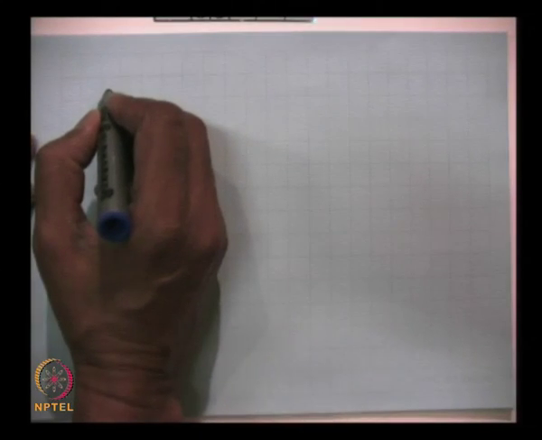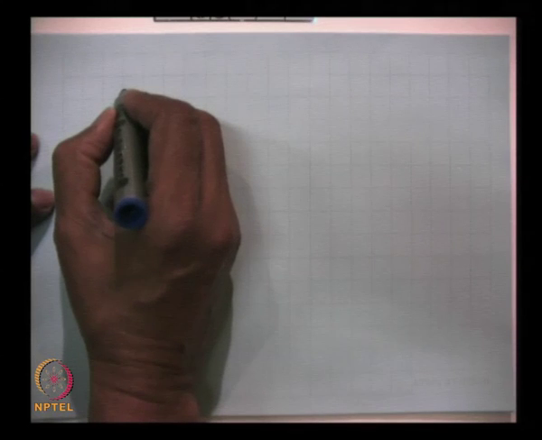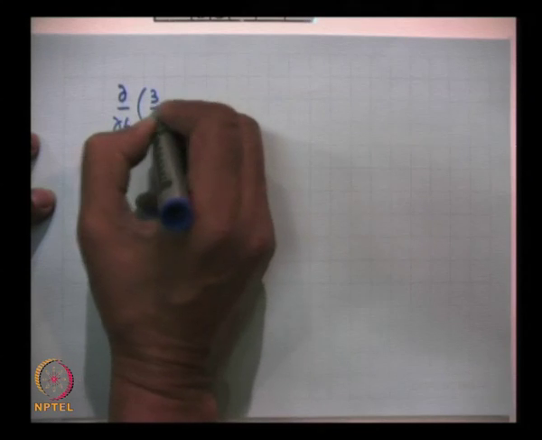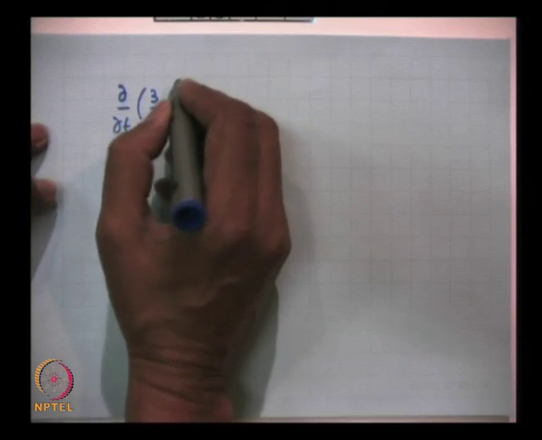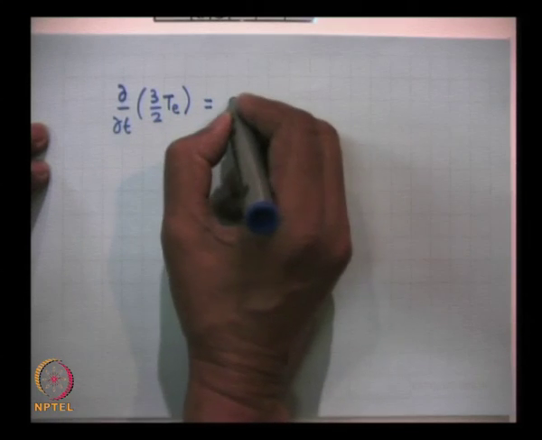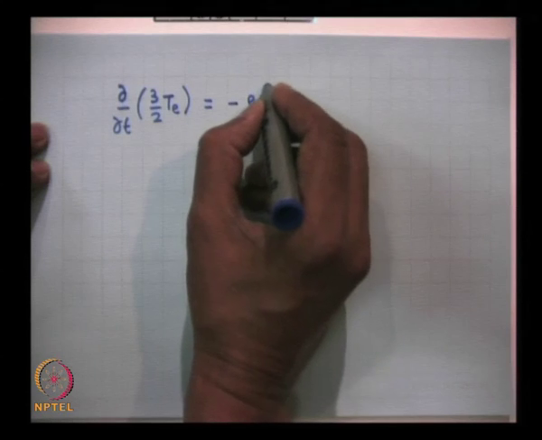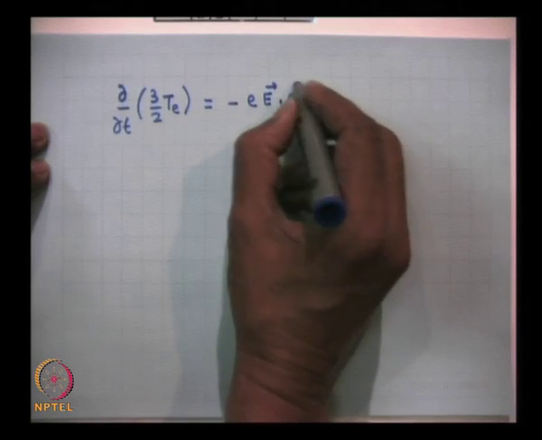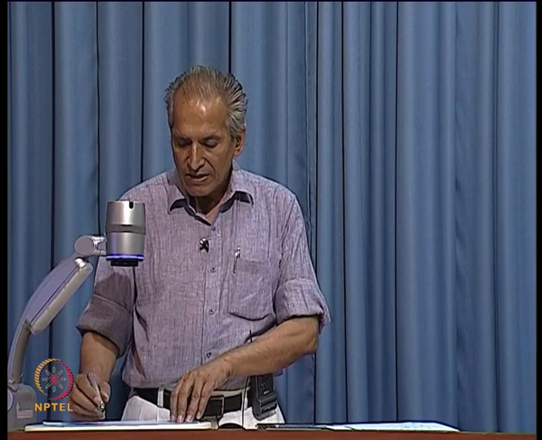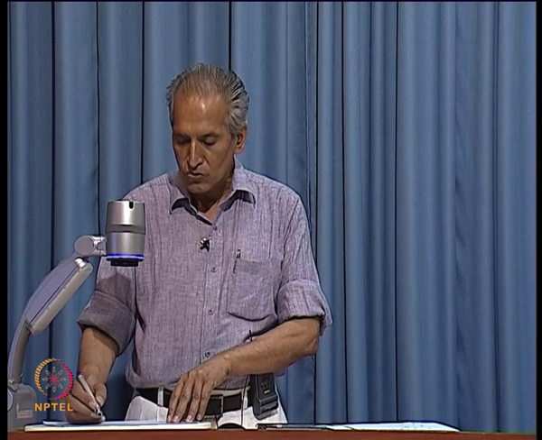So, let me write down the equation governing electron temperature. The electron temperature equation would be d/dt of the average kinetic energy of the electron, which is 3 by 2 kT, but k, the Boltzmann constant, I hide in the temperature. So, write this quantity, and it is equal to the work done by the electric field per second, which is this quantity. As a result, the temperature will rise. When the electron temperature rises above the temperature of the background ions or neutral particles, the electron loses energy in collisions also.